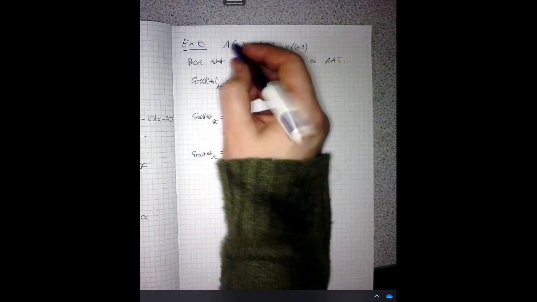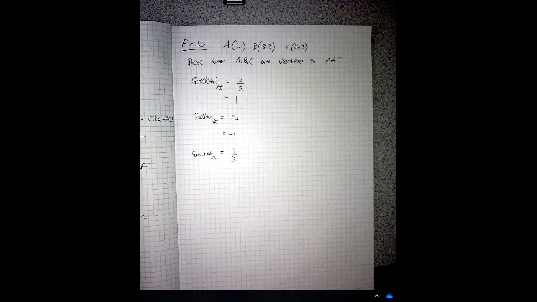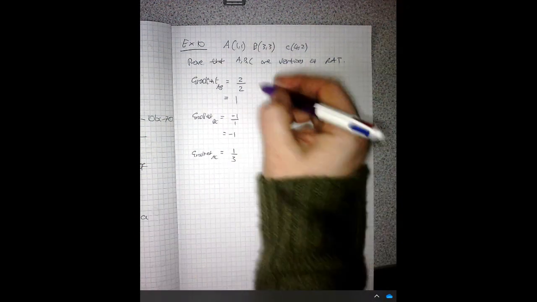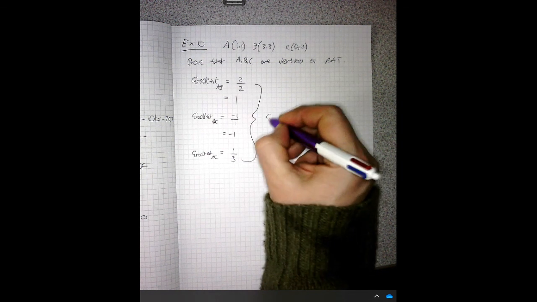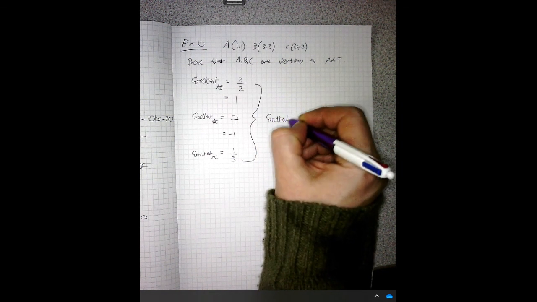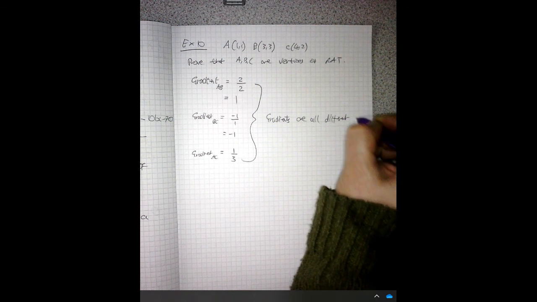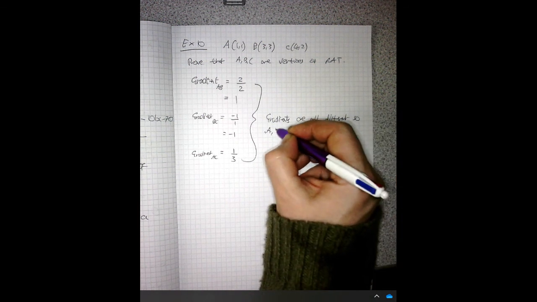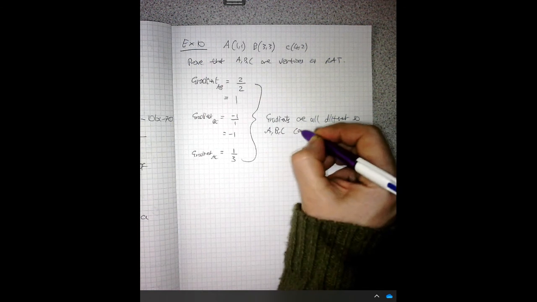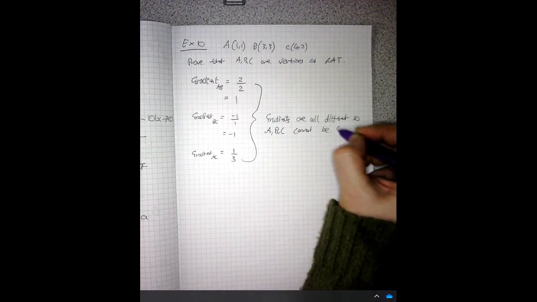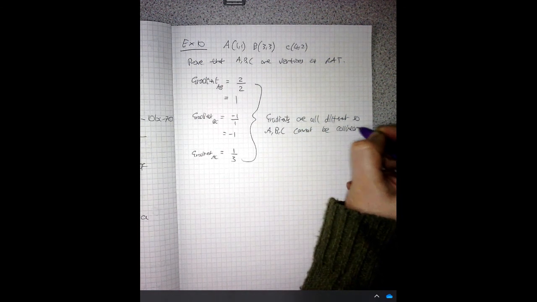So the gradients are all different, so A, B, C cannot be collinear on the same line. So that means they must be a triangle.